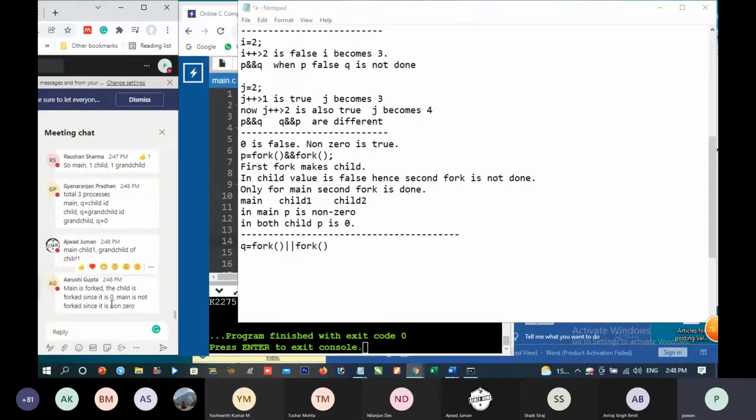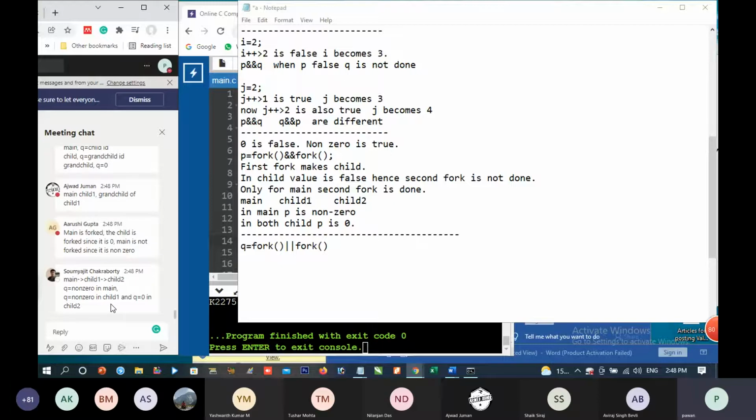Q is the child ID, child Q, grandchild ID. Gyan Ranjan, you type it and see what happens. I think you are applying the knowledge of COA. Gyan Ranjan, type it. You don't get it like this. Okay, so child 1 is the child. Yes. Juman, have you understood it? How is it happening? And tell me the value of Q.